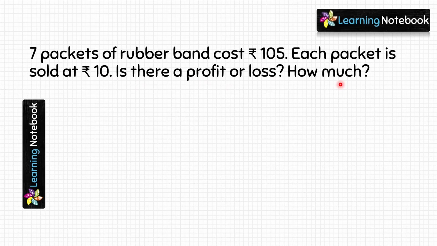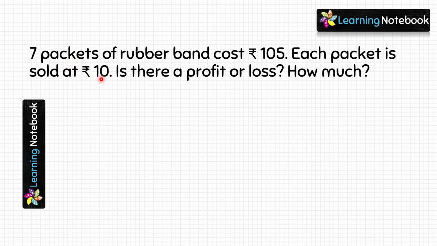So important point to note here is that in this case we have to find profit or loss on 7 packets or 1 packet. Tell me. Yes, it is 7 packets because all the 7 packets have been sold at rupees 10 per packet.